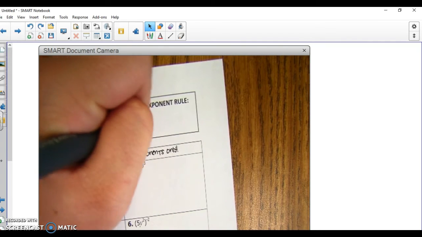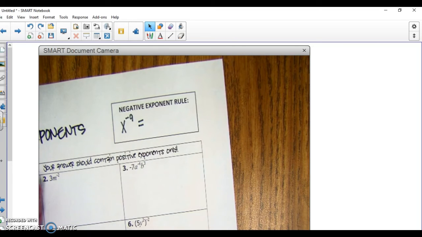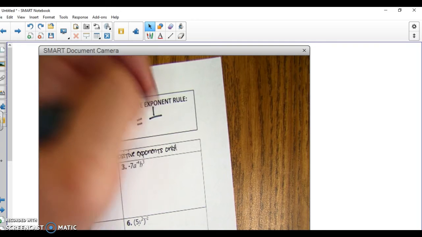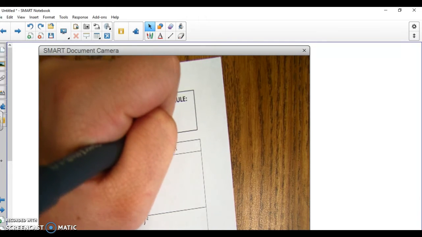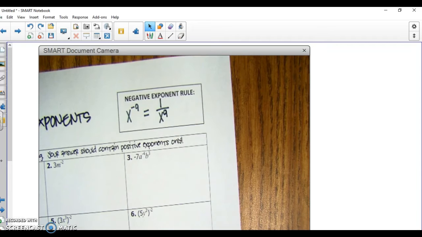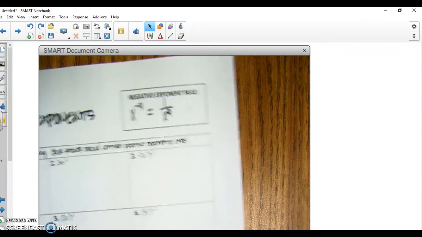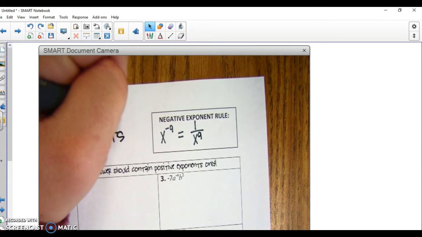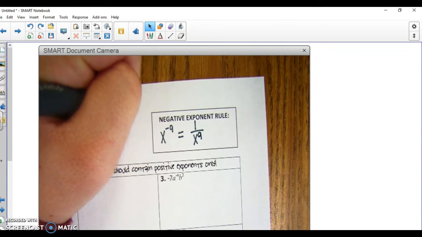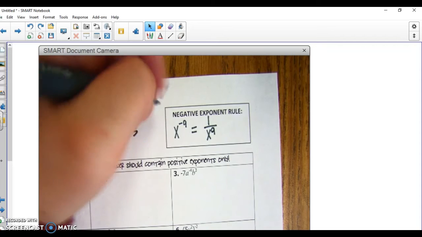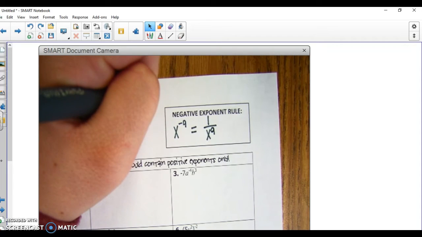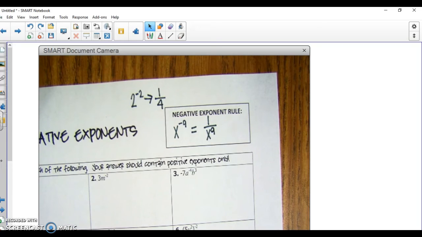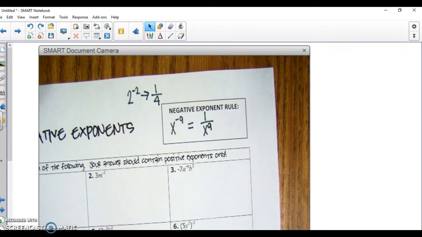Whenever we have a negative exponent, we have to move that to the bottom. We don't have anything on the bottom now, so we've got to make one. So, we end up with 1 over x to the 9th power. It's just like if we did 2 to the negative 2 power. We would put 1 on top, and we would have a 4 on the bottom.